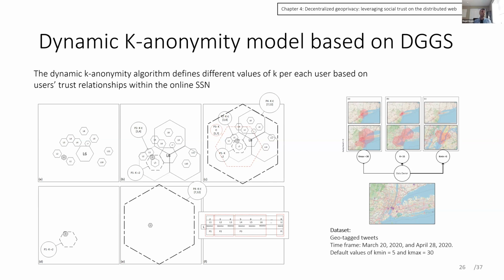So each user is able to share their location as an area, not as a point. There is an uncertainty level in the location that you share. You can share it with a smaller hexagon level, if you are using, for example, a hexagonal discrete global grid system, or a higher, bigger hexagon level.